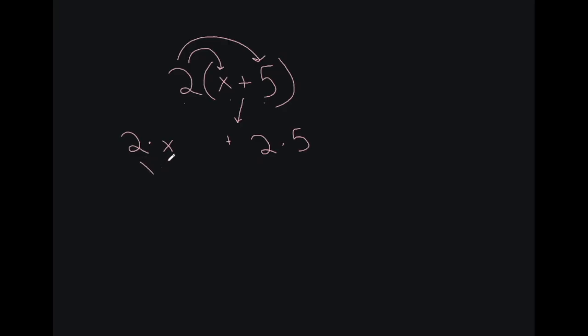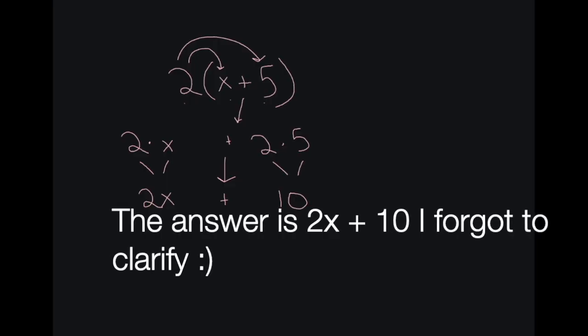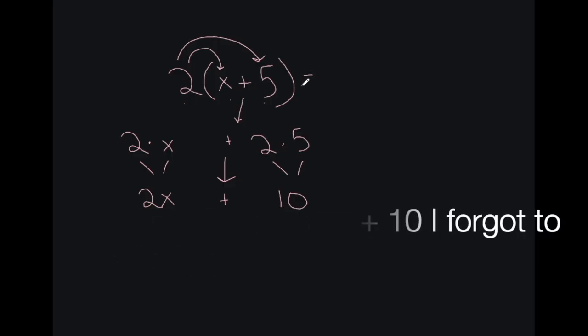So let's solve it. 2 times x. When a number multiplies a variable, we would just write 2x. 2 times 5 gives us 10. So our result, after we bring our plus sign down, is 2x plus 10. So there's not anything else we can do here.